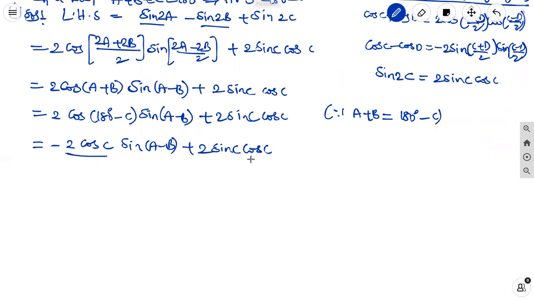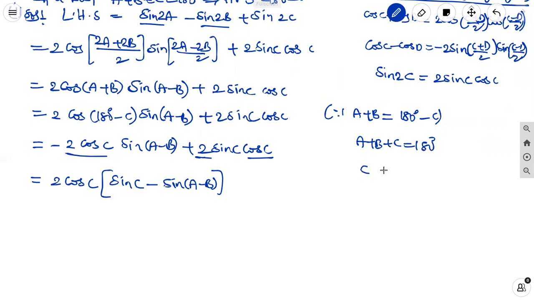Now we can take 2 cos C common from the two terms. Then it is 2 cos C into sin C minus sin of (A minus B). Here A plus B plus C equal to 180 means C is equal to 180 minus (A plus B).